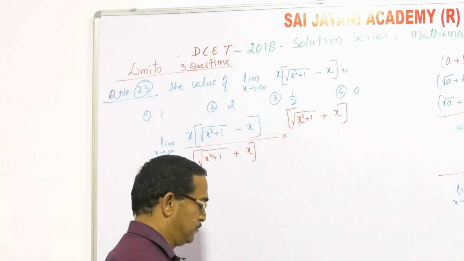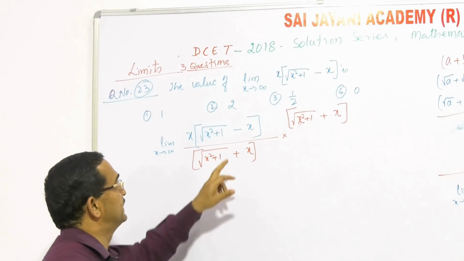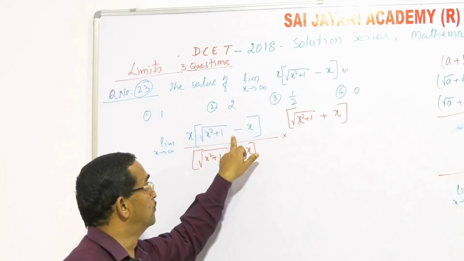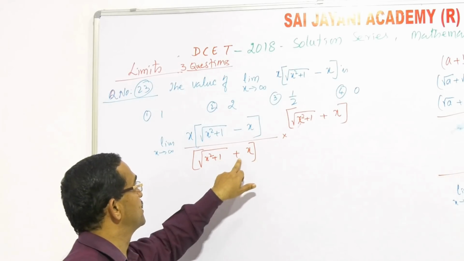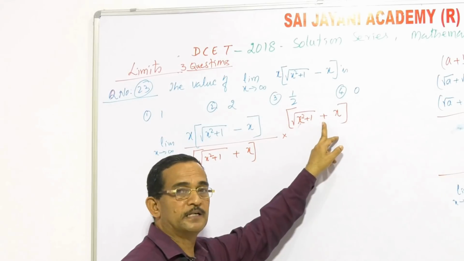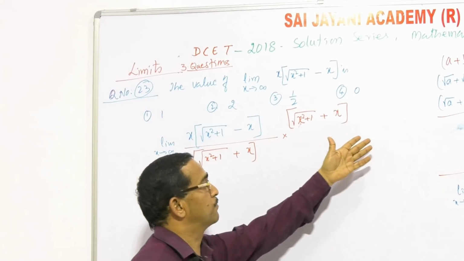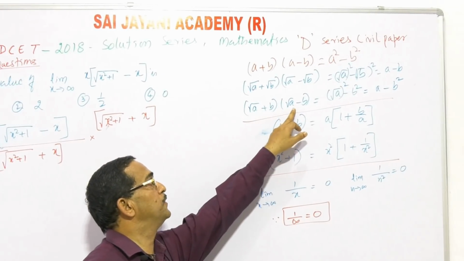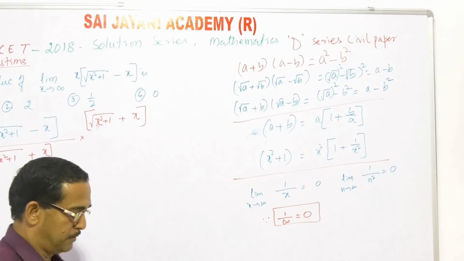What I am doing here is dividing and multiplying by the conjugate of the term, that is root of x squared plus 1 plus x. Now, according to the formula, root a plus b into root a minus b is a minus b squared.